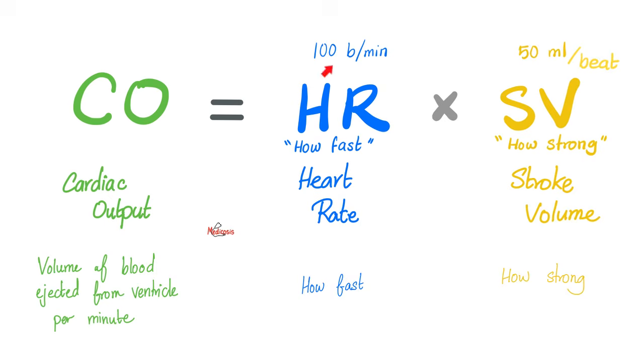You need the number of employees working in that factory times the productivity per employee. How many times the heart is pumping per minute is called the heart rate, beats per minute, times the volume ejected per beat. How fast times how strong the heart is beating equals the output of the heart in every minute.